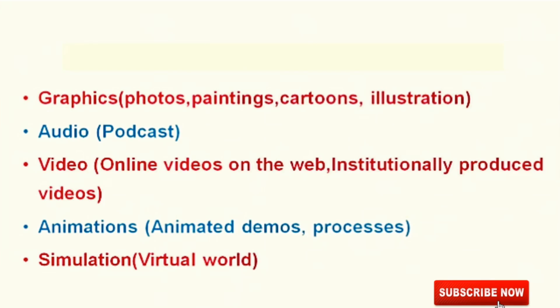These learning resources are often made of different digital media which include text, videos, images and sound, and some of them are text, online articles, websites, e-books, manuals, reports, graphics, photos, paintings, cartoons, illustrations, audio, podcast, video, online videos on the web, institutionally produced videos, animations, animated demos, processes, simulation, virtual world.